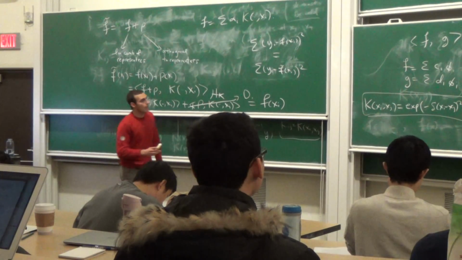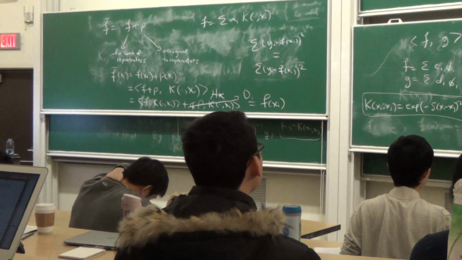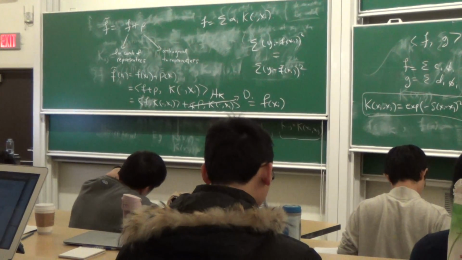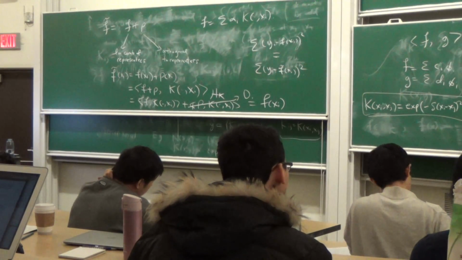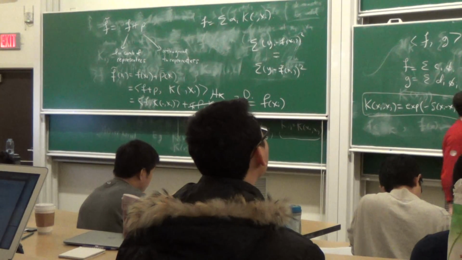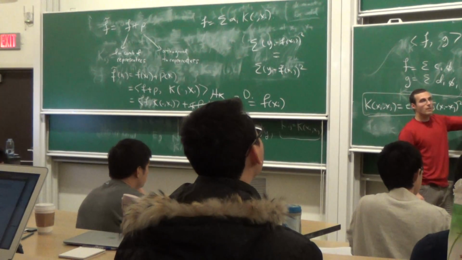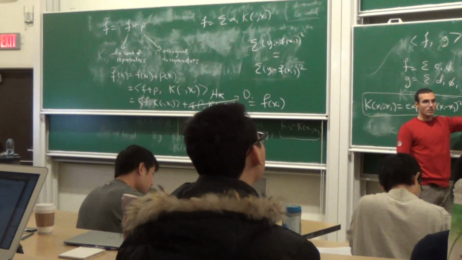Any function in H_K, this is true for any function in H_K. The second one is true for any f that's a linear combination of representatives. This first property is true for any function that's in a reproducing kernel Hilbert space.